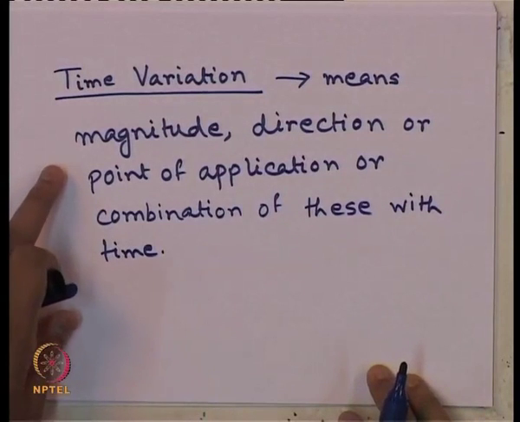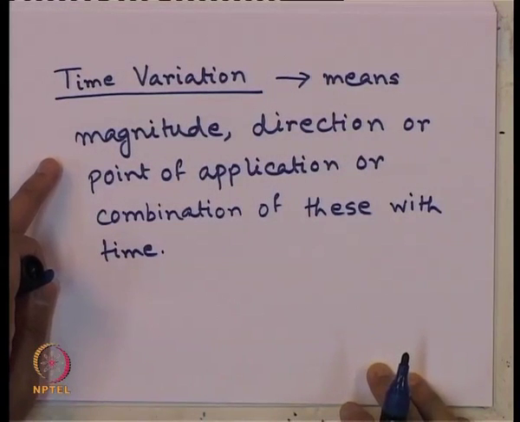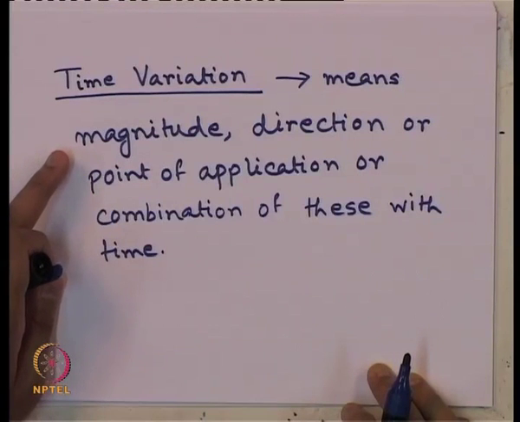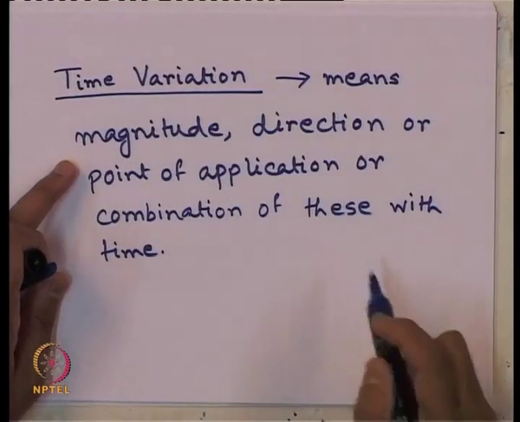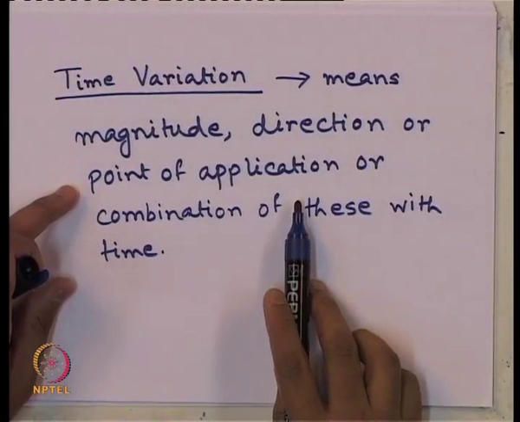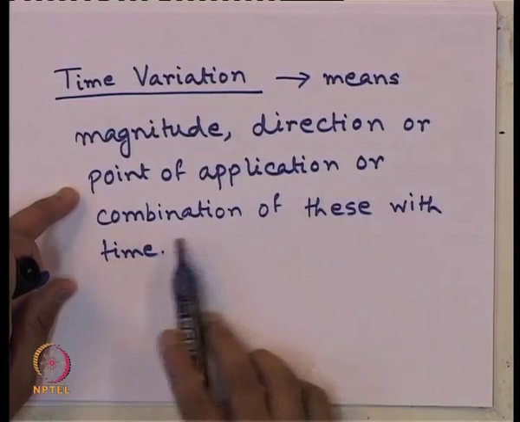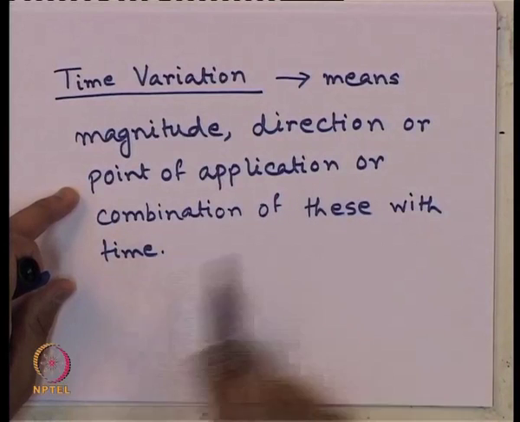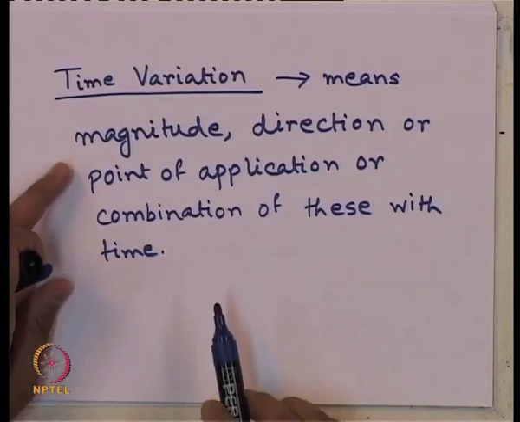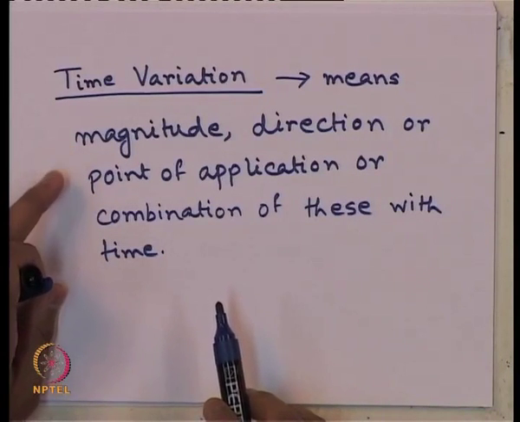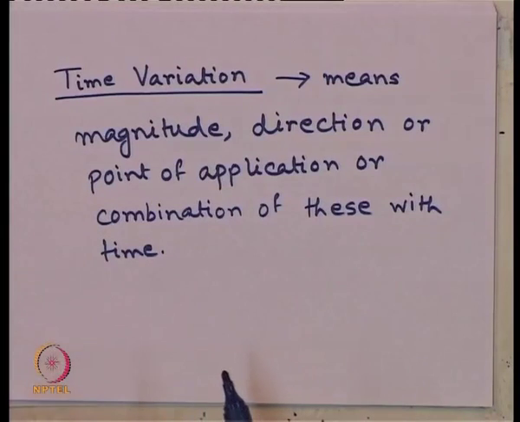What does it mean? If we say that force is dynamic, that means force varies either in magnitude or in direction or in terms of point of application, or any combination of these, with respect to time. Similarly for displacement, similarly for stresses and things like that. So, that actually means the dynamic problem.